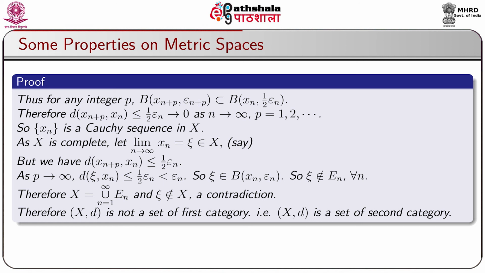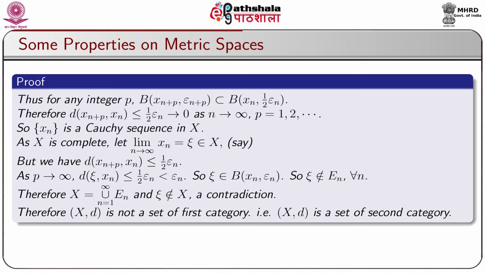Thus, we see that the sequence xn is a Cauchy sequence in X. As X is complete, let the limit as n tends to infinity of xn be equal to j belonging to X, say. But we have d(xn plus p, xn) less than or equal to half epsilon n.